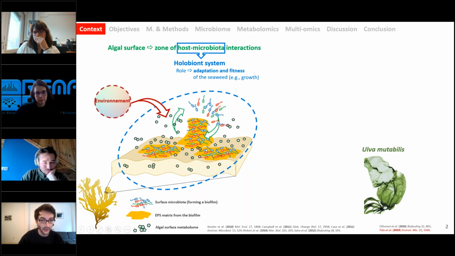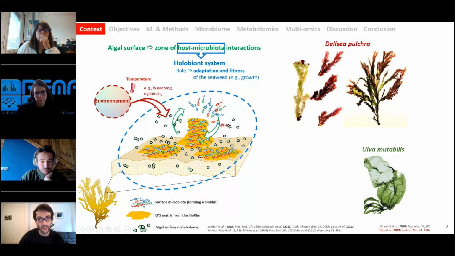The environment also can play a really important effect in these chemical interactions between the algae and its surface microbiome. For example, the increase of temperature can decrease the chemical defense of the algae, but also increase the density of the pathogens at the surface, resulting in a bleaching of the algae.